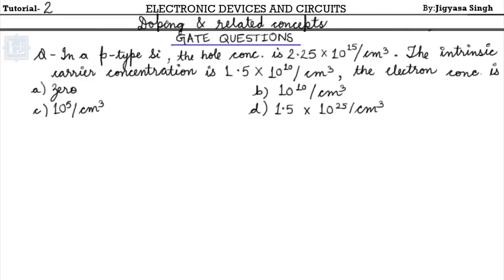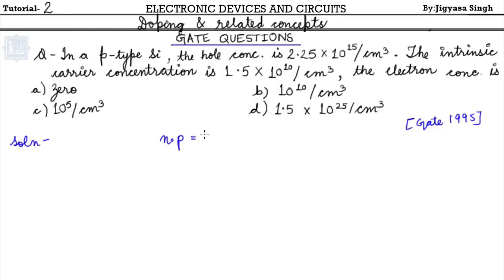Now let's do some GATE questions. This question was asked in GATE 1995 for 1 mark. Let me write it here. GATE 1995. Okay, so the solution is, we know that by the mass action law, what was the formula?